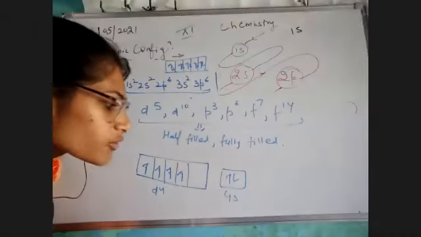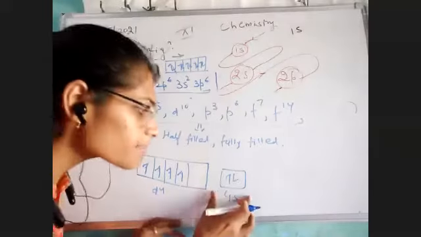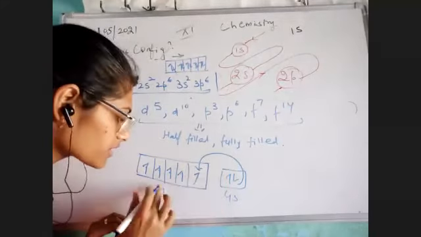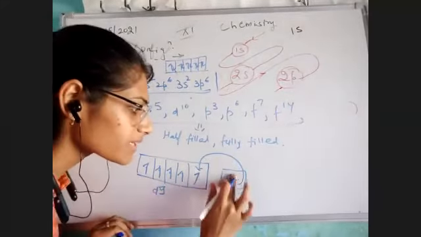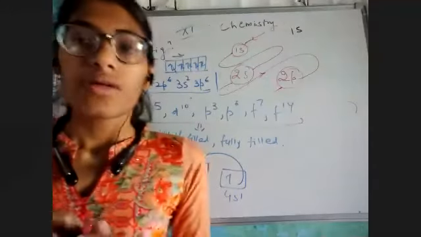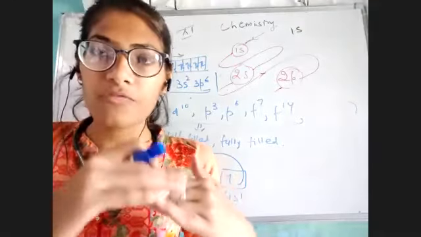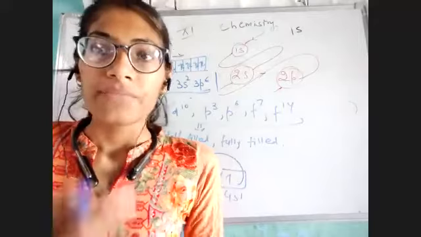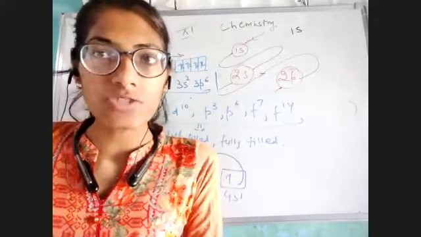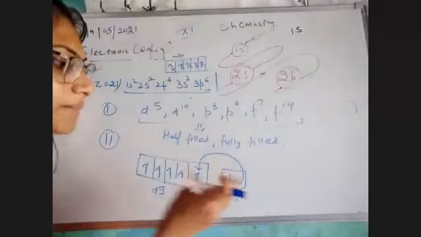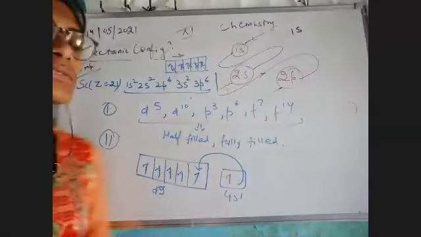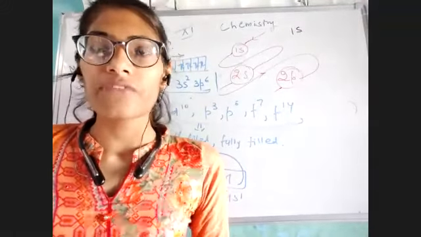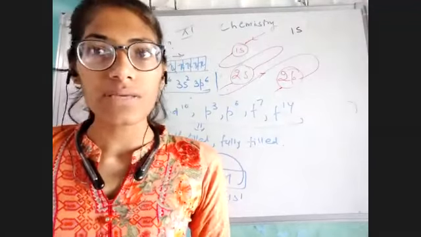So the electron, to make that stability, jumps from the lower level to the higher level, and we have d5 4s1 rather than d4 4s2. So we know that our electron can jump from ground state to excited state due to getting some energy. So to maintain that perfect arrangement, it jumps from the lower energy level to the higher energy level. Okay, so this was everything about the electronic configuration. If there is any kind of doubt or query, you can ask me.